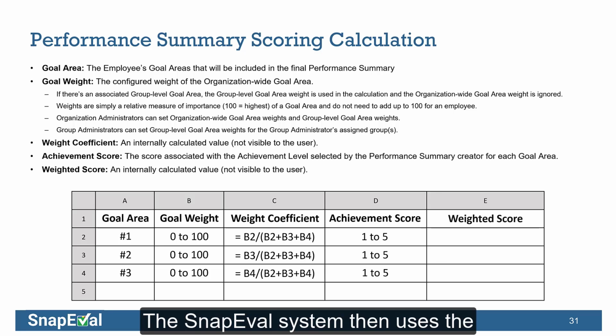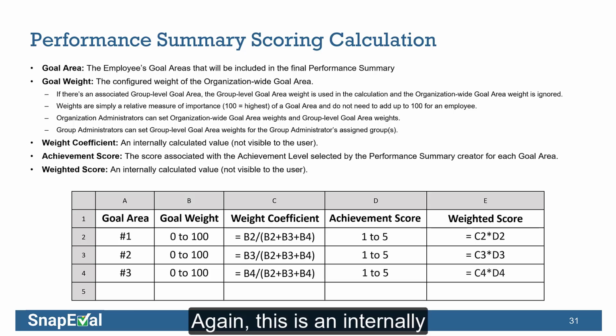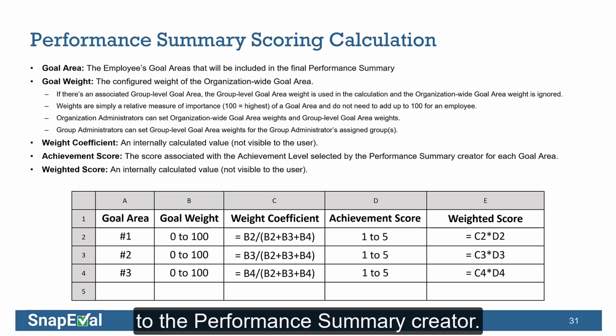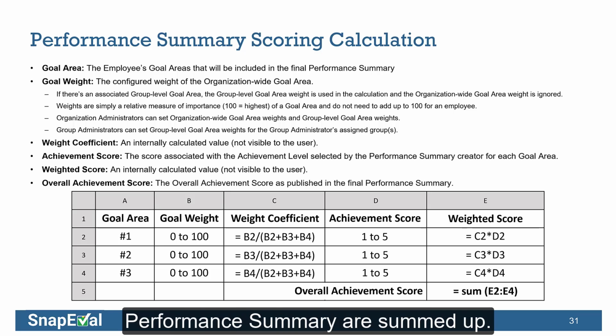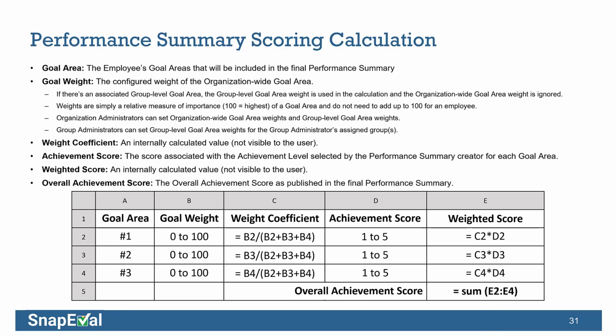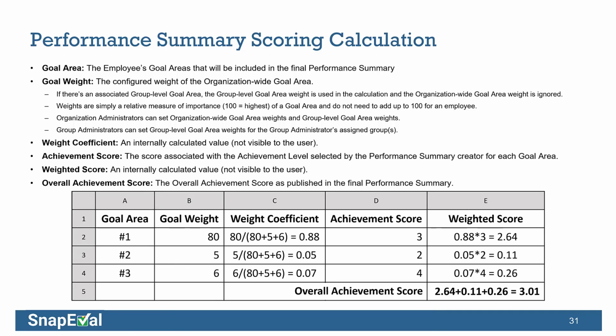The SnapEval system then uses the weight coefficient and the achievement score for each goal area to calculate a weighted score for each goal area. Again, this is an internally calculated value and not visible to the performance summary creator. Finally, the weighted score for all of the goal areas in the performance summary are summed up. This is the overall achievement score. Here's a numerical example of how the scoring works.